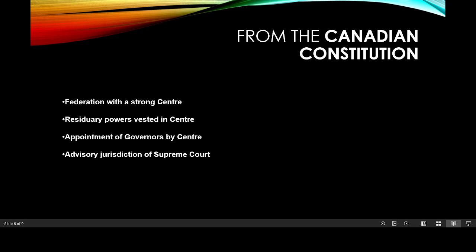Okay, so here, what does it mean? It means Indian states are indestructible parts of an indestructible union. It means if any state wants, that state cannot be separated from India.